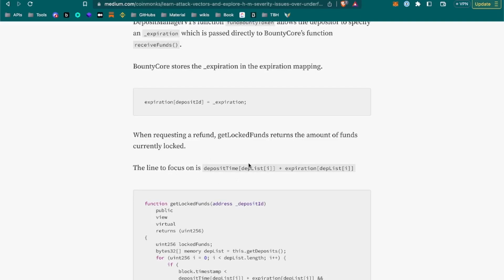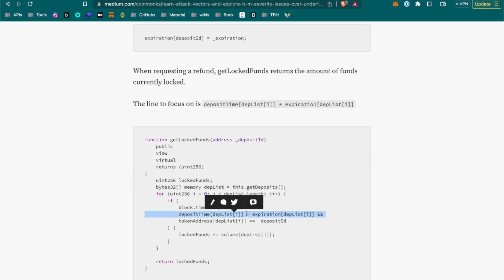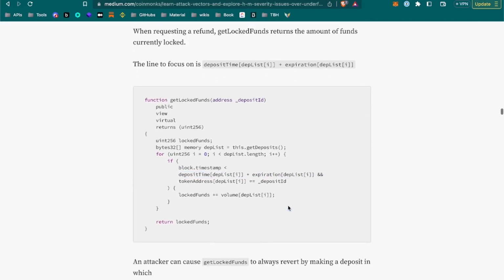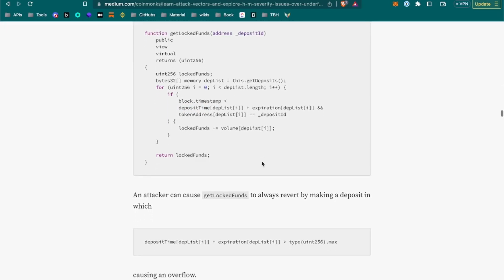The line to focus on here is this one, and as you can see, it is adding the stored expiration, which in that case could be the maximum number. So this for sure is going to cause an overflow. This line is inside the for loop and inside the condition, so yeah, it's definitely going to happen. Let's see what else.